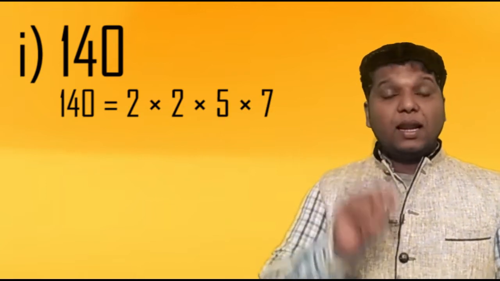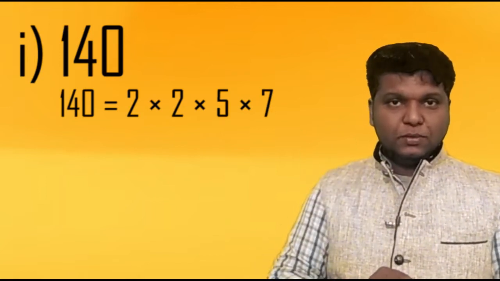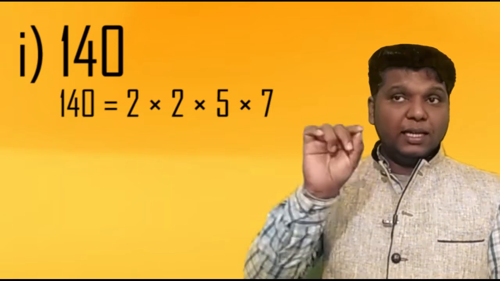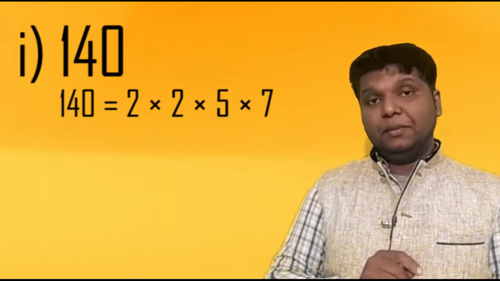Come on, 140 is equal to, how will you write? Here you can see 2 into 2, 2 came two times. So we will write 2 square. Every second you have to remember this. These points are so important, okay? Rather than writing 2 into 2, we will write 2 square, because every time you have to express the given numbers as powers.